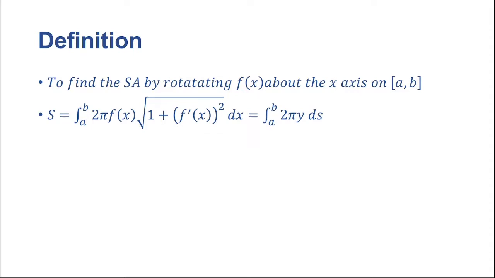So what can you see here? You can really see that this is 2 pi times f of x multiplied by the arc length square root thing that we get with the integral there.